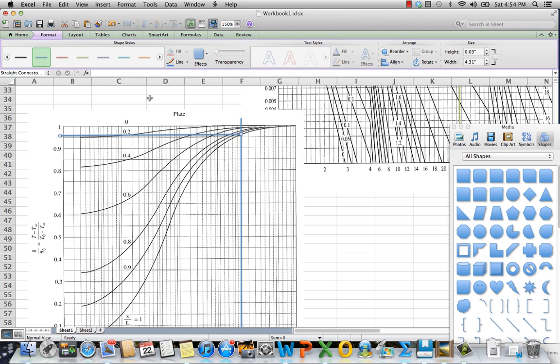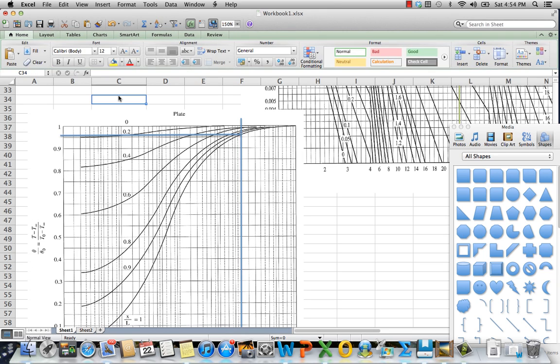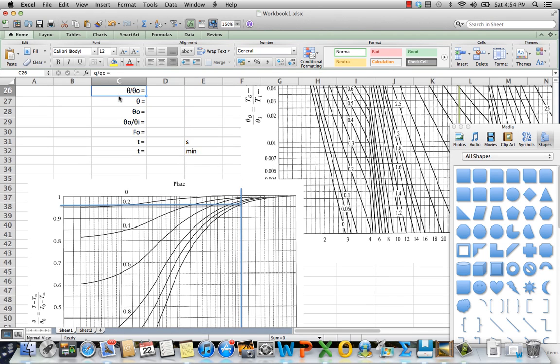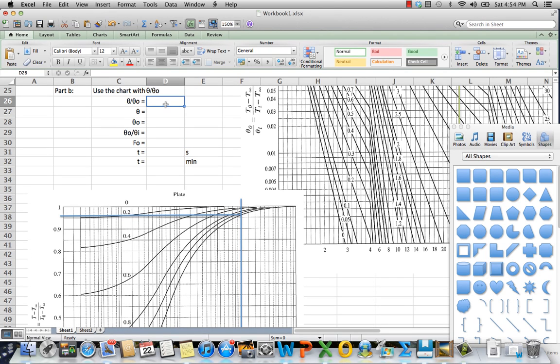So that number there is going to be T minus T infinity over T naught minus T infinity. So I'll call that 0.955, the way I read that. All right, so that's the theta over theta naught. Theta is the temperature at the face minus T infinity.